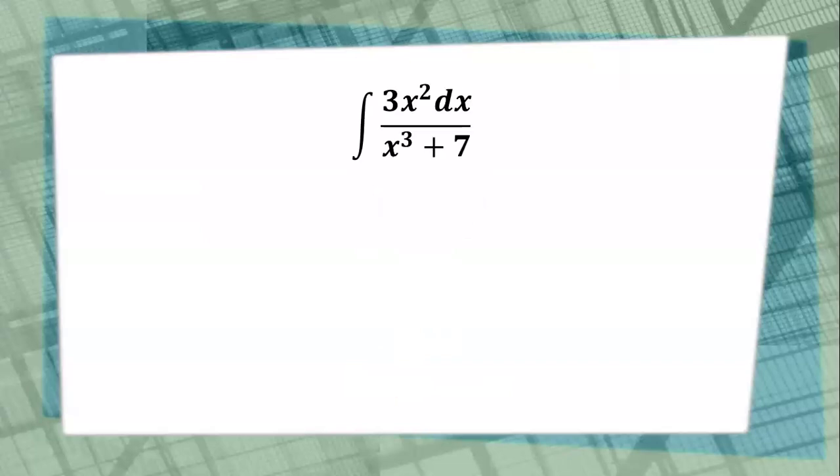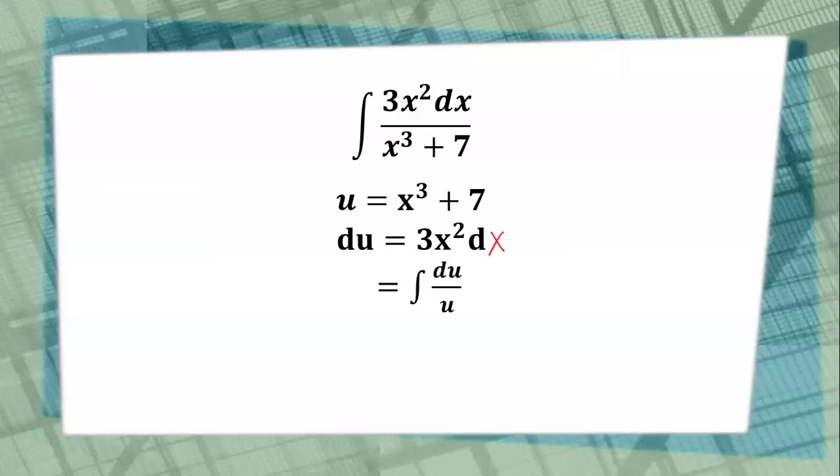Let's proceed to item number 6. But if you have the integral of 3x squared dx over x cubed plus 7, so this will just be easy. So u is x cubed plus 7. Our derivative of u is 3x squared. Oh, that's a typographical error. So that's a 3x squared dx. So we'll have the integral of du over u.